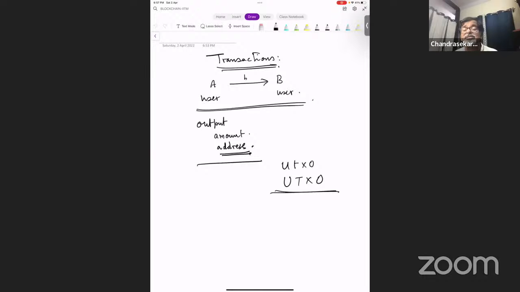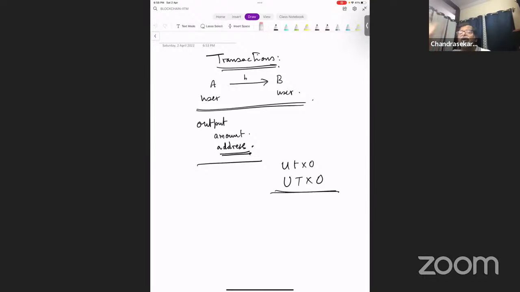That's all the address is. So UTXO means unspent transaction output. Here it is generated.